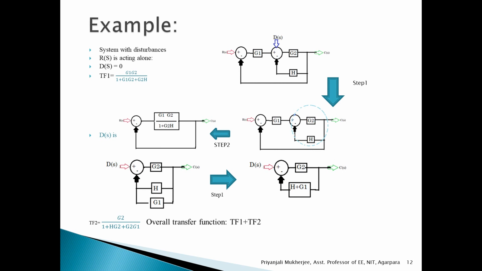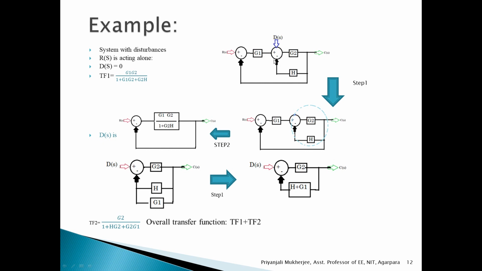For the superposition principle, if one input is absent, then we find the transfer function, and later on, when the other input is acting alone, we find the other transfer function, and the overall transfer function will be the summation of both transfer functions when each individual input is present only. So here we have first considered that only Rs is acting alone and Ds is 0.